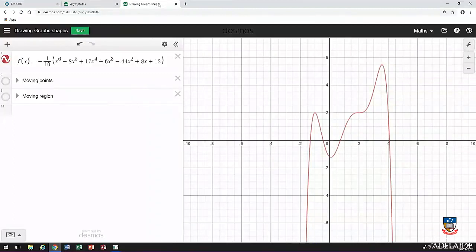So this graph is below the x-axis over here, and I can't see it, but way down below it's all still negative. Below the x-axis over here, it's above the x-axis here, it's below the x-axis here, it's above the x-axis here, and it's below the x-axis here again. So I can see where it is in terms of above and below the x-axis.